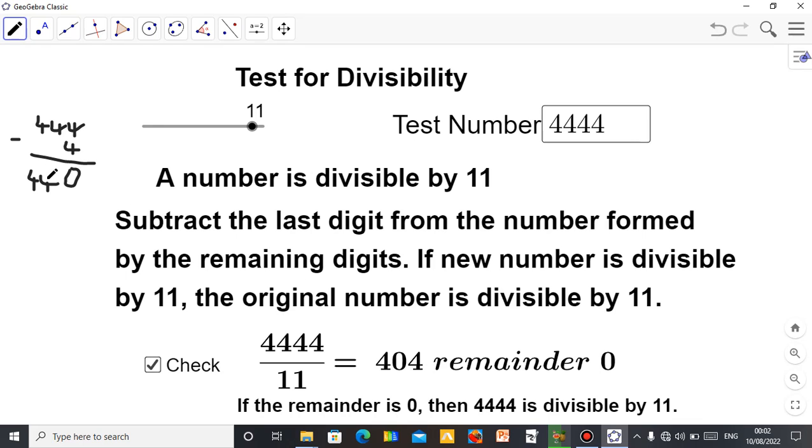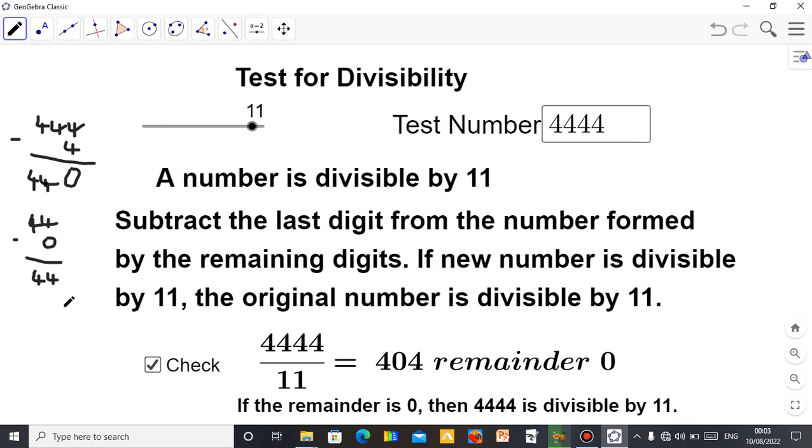If this 440 is too large for you to check, continue the process. The last digit here is 0. 44 minus 0 will give us 44. And we know from our basic times table that 4 times 11 is 44.